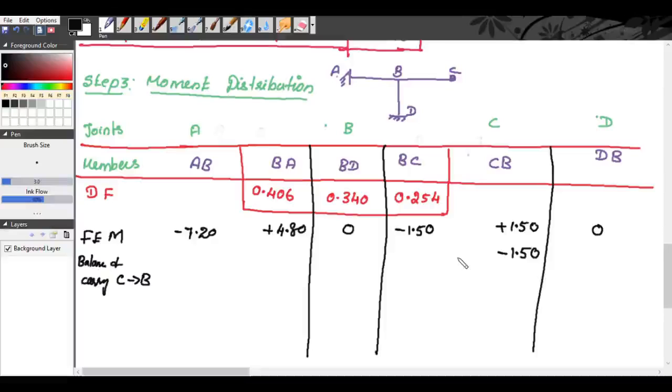Carrying it to B, half of this 1.50 will be carried, because B is an intermediate support that will be considered as fixed support. So minus 1.50 divided by 2 is minus 0.75. This step is over.